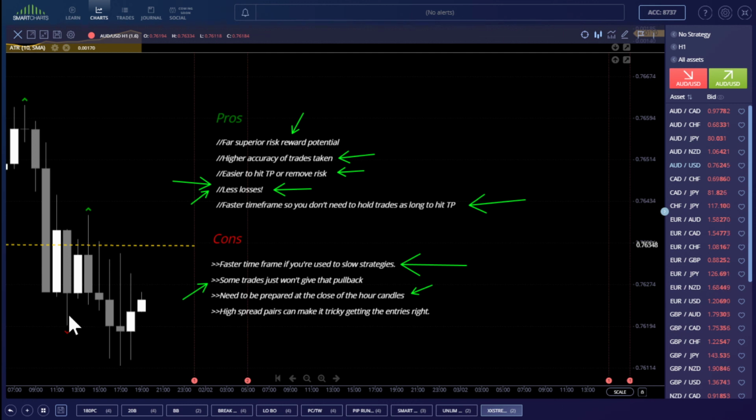If I get a signal at 2 o'clock, I need to check at 3 o'clock, 4 o'clock, 5 o'clock, that kind of thing. It's going to make it difficult to do this on higher spread pairs, but trading in general is difficult on higher spread pairs, so do stick to your lower spread ones.